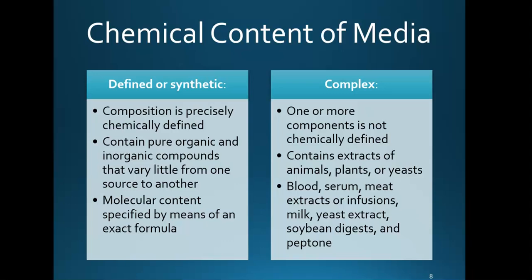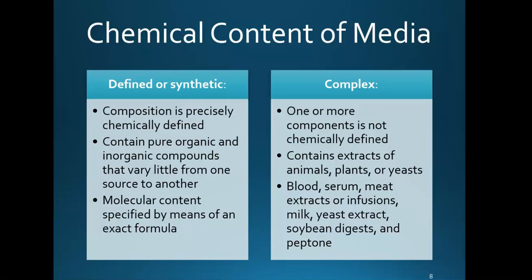So the chemical content of media can be chemically defined, or it can be what we call a complex media. So the chemically defined media has a very defined list of ingredients, and these ingredients are measured out very precisely, and all ingredients are basically known.